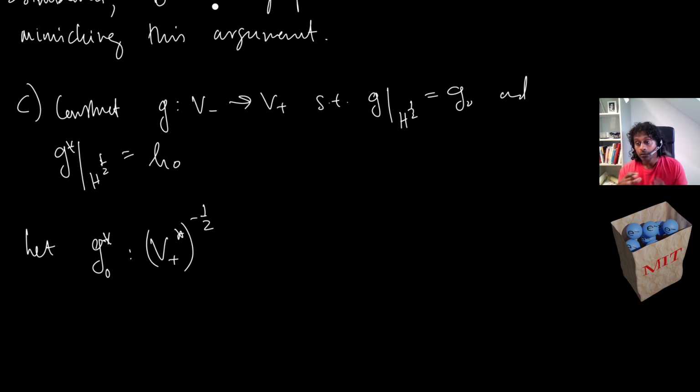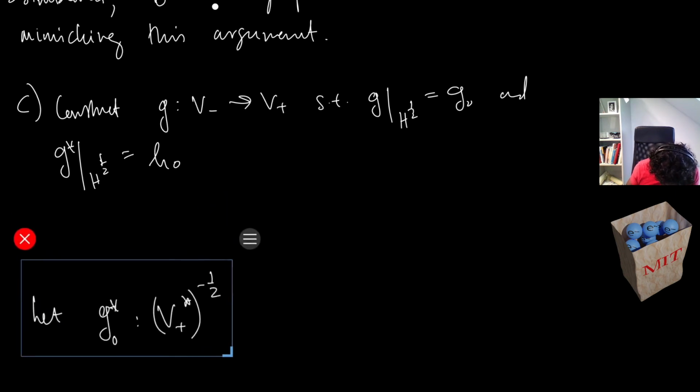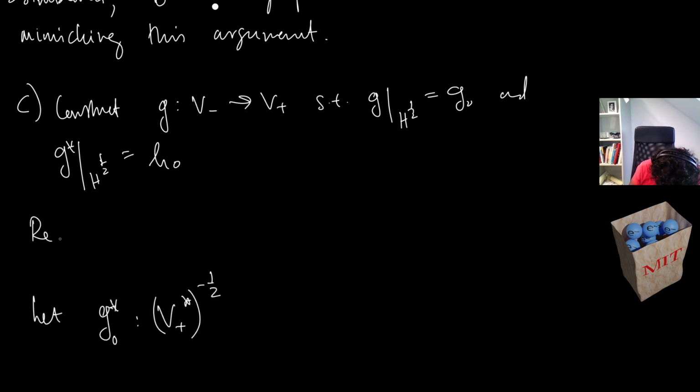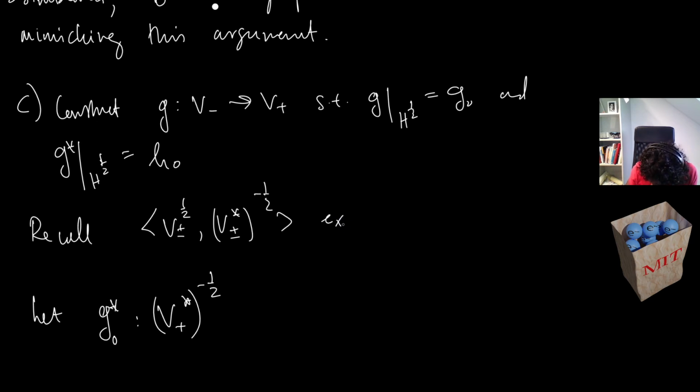So remember, we had, let me just say, recall, V minus plus a half and V minus plus minus star minus a half is a perfect pairing extended by the L2 pairing, right?